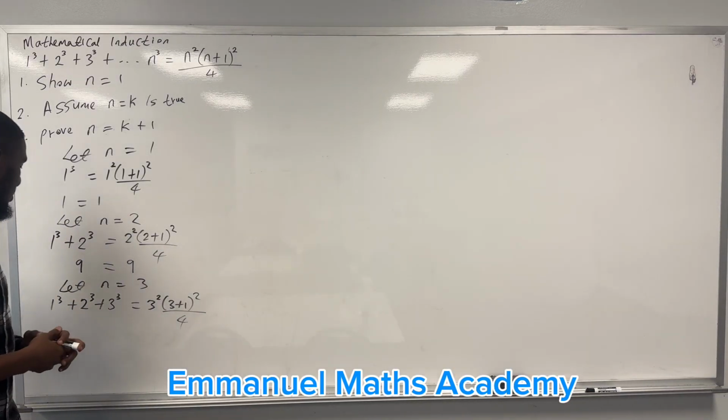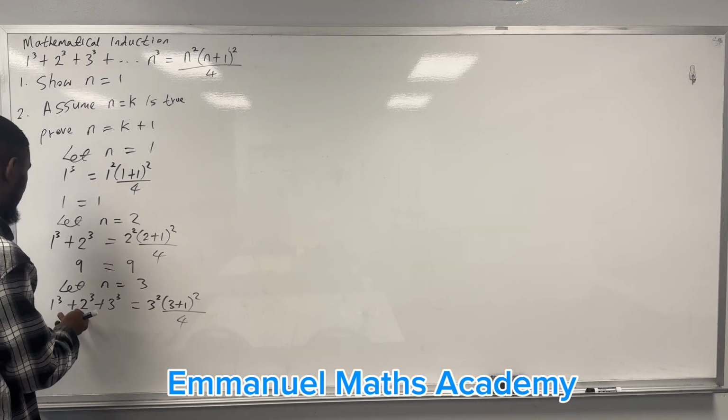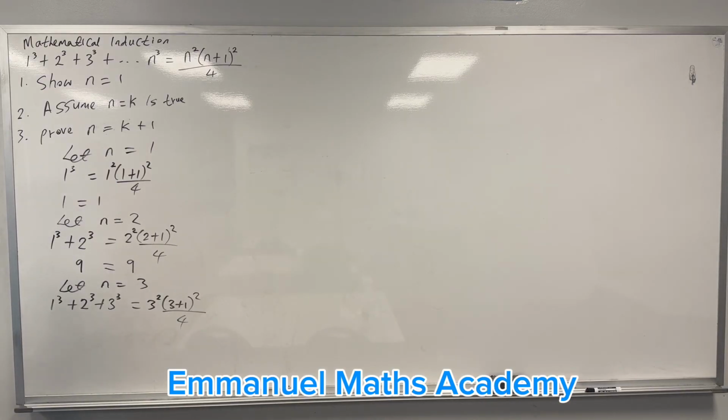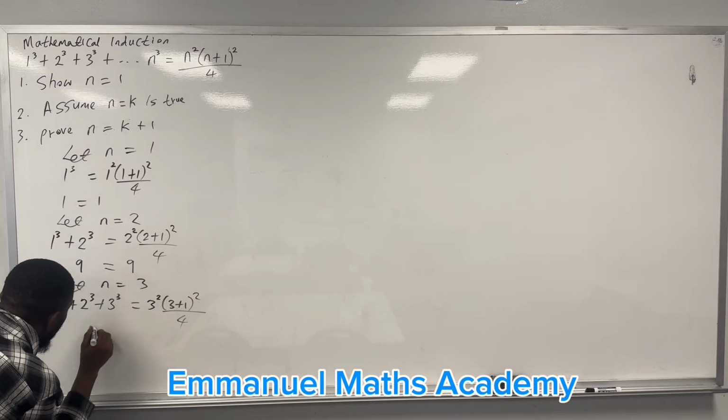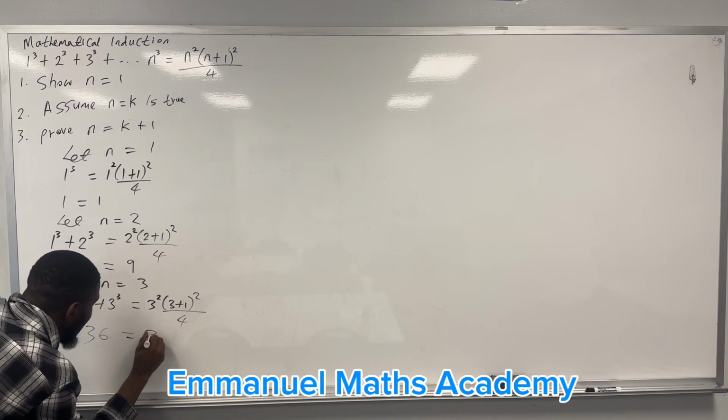Alright. So if we simplify this further, we have what? Okay, 3 raised to power 3 will give you what? 3 times 3 will give you 9. Alright? So 9 times 3 will give you 27. So 27 plus 8 will give you 35. 35 plus 1, 36. So here we have 36 equal to, if you simplify this further, you get 36.